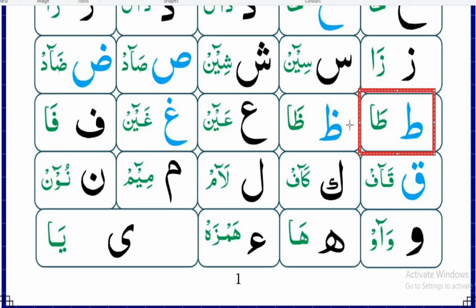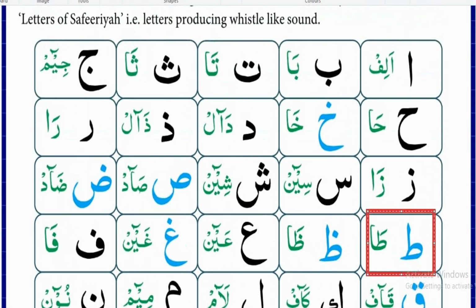And again, two letters, same shape. The difference is the dot. The first one without the dot is twa. It sounds similar to this letter.